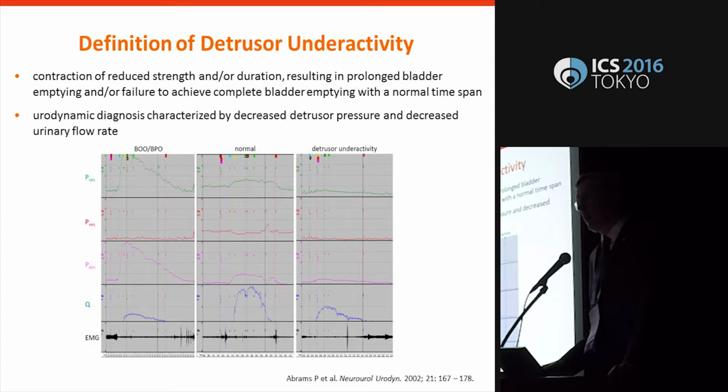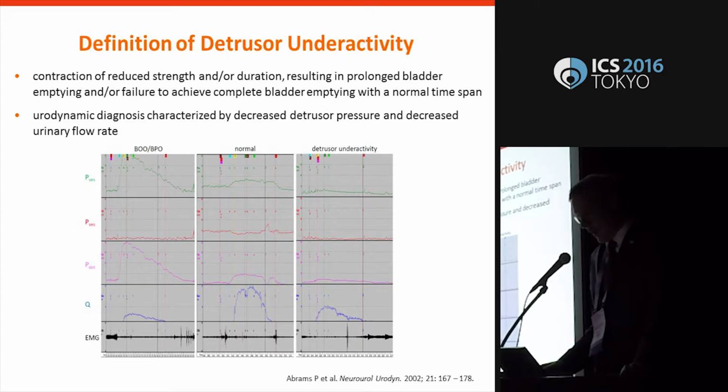So when we're talking about Detrusor Underactivity, we're talking about a urodynamic diagnosis. It has been defined by the International Continence Society already in the year 2002, and I think there's no major change in the most current classification that was discussed during this ICS meeting.